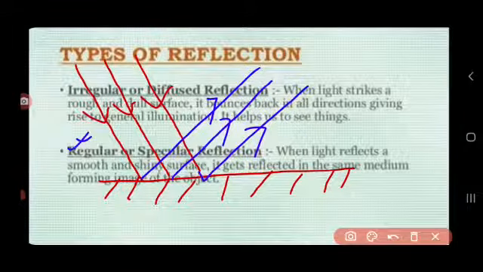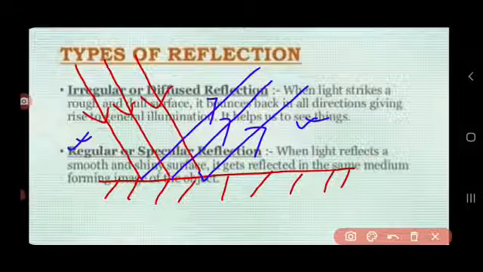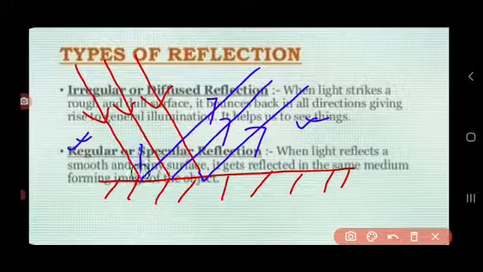Now, irregular reflection. It occurs on a rough surface.